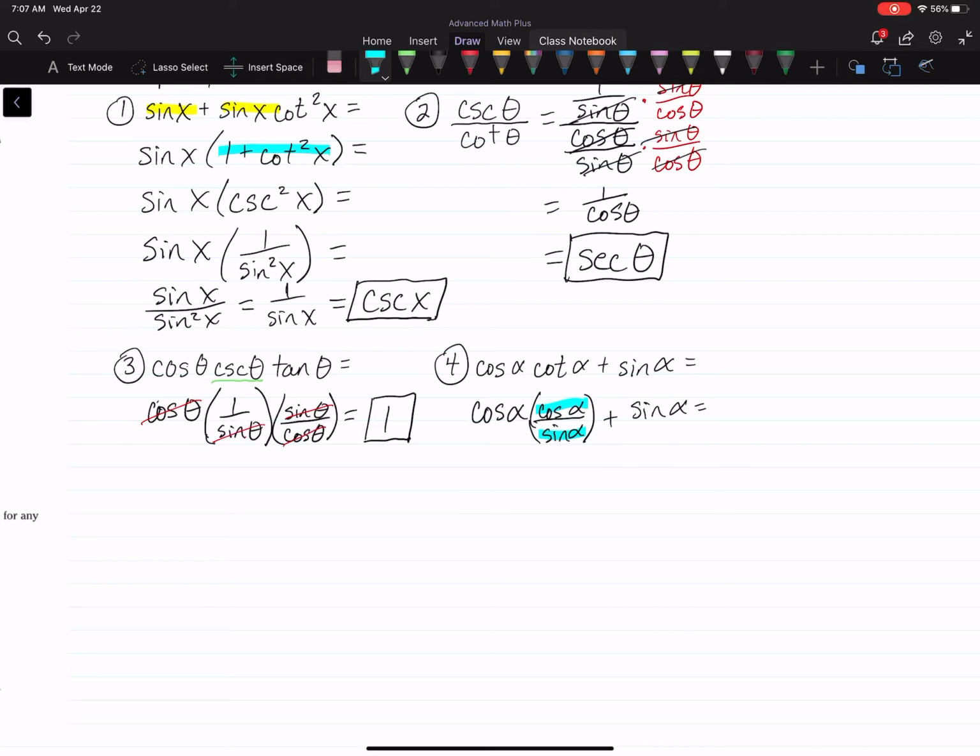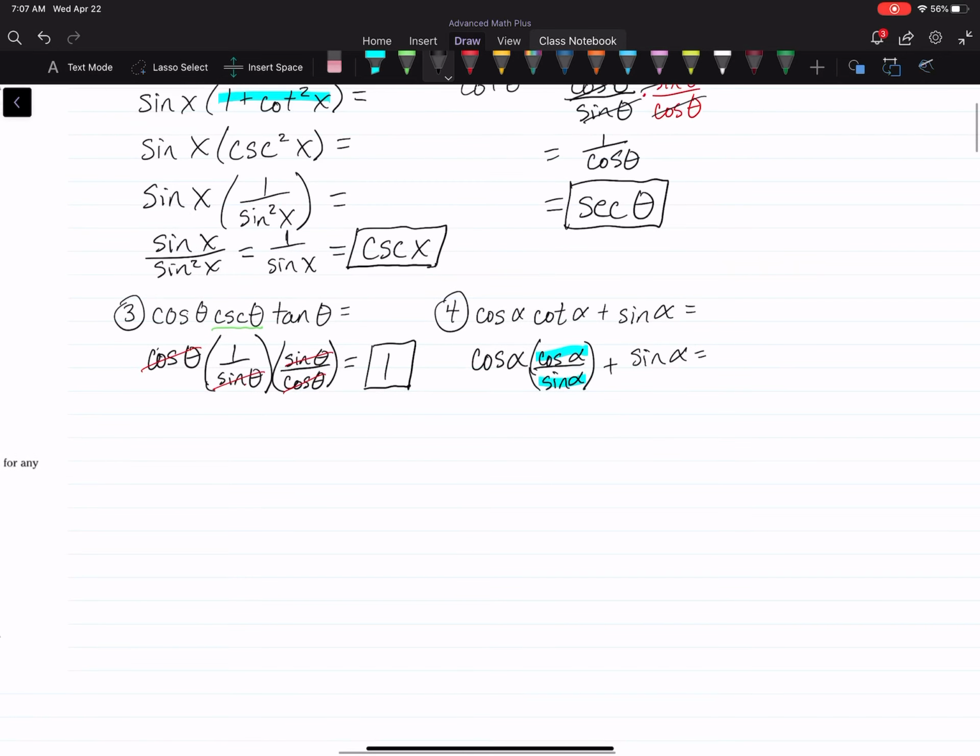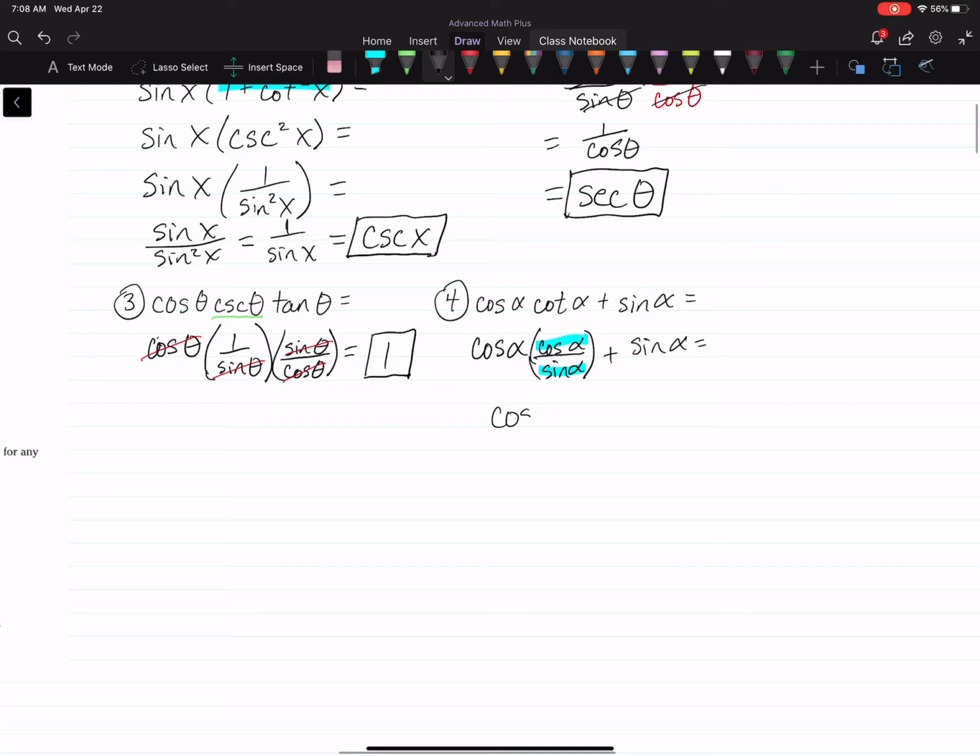Okay? And then we do math again. Cosine times cosine would be cosine squared alpha divided by the sine of alpha plus, now, it's plus sine of alpha, but as you can see, we can't add these because, again, this is just basic math. You can't add two fractions that don't have like denominators.